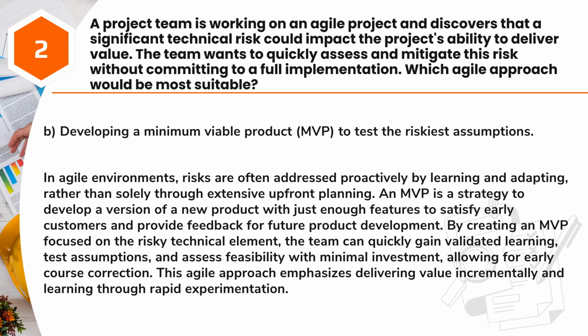By creating an MVP focused on the risky technical element, the team can quickly gain validated learning, test assumptions, and assess feasibility with minimal investment, allowing for early course correction. This agile approach emphasizes delivering value incrementally and learning through rapid experimentation.